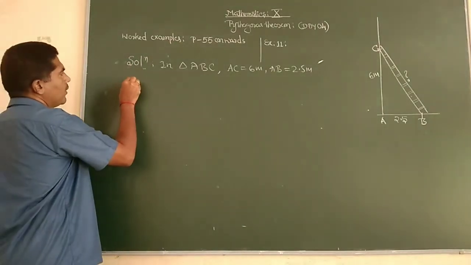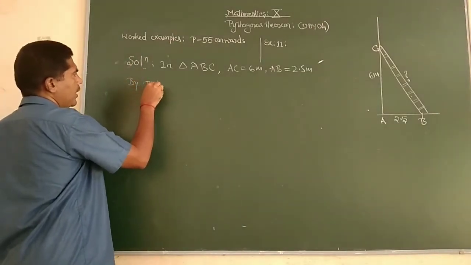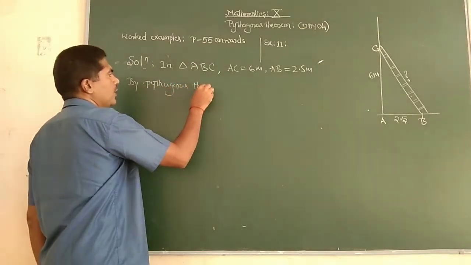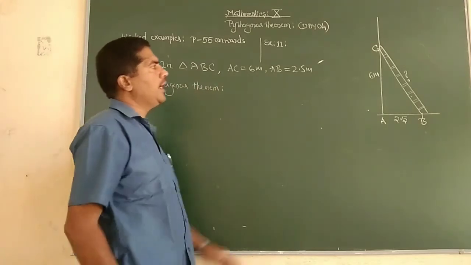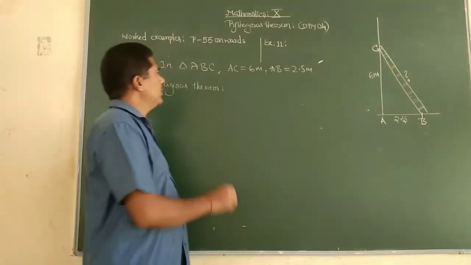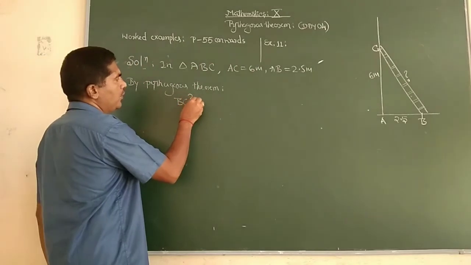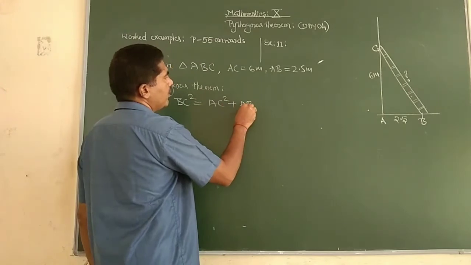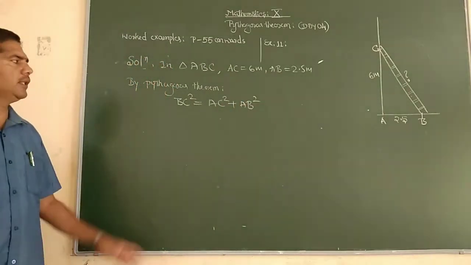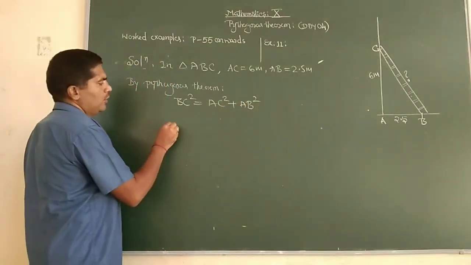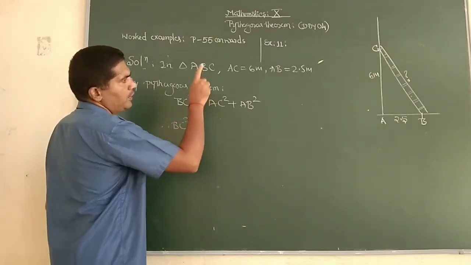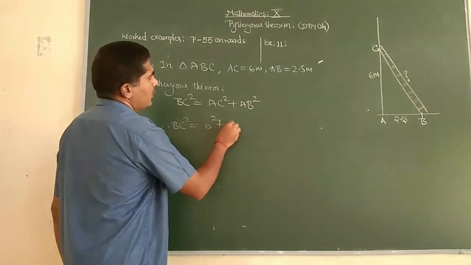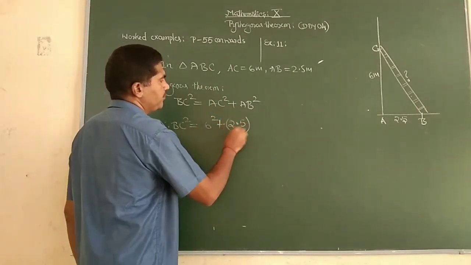So from Pythagoras theorem, where the ladder becomes the hypotenuse, you can write BC square equal to AC square plus AB square. I need to know the length of the ladder only. Therefore, BC square equal to 6 square plus 2.5 whole square.